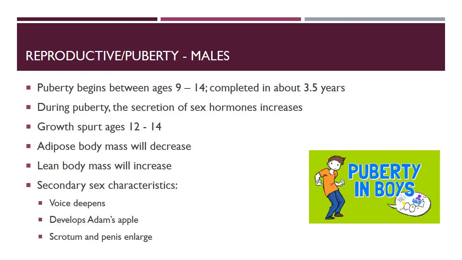Their adipose body mass will decrease and their lean body mass will increase. Secondary sex characteristics that you will see are the voice will start to deepen, they have their Adam's apple developing, and then their scrotum and penis enlarge. So just know the expectations of what occurs during this puberty phase in males.